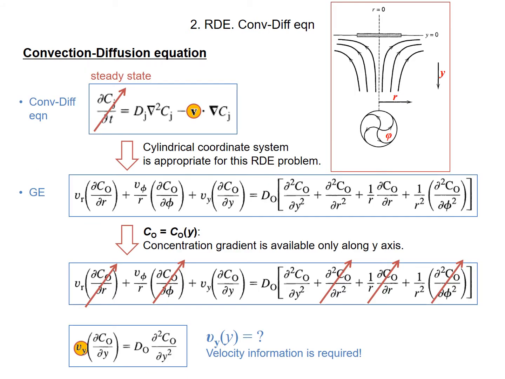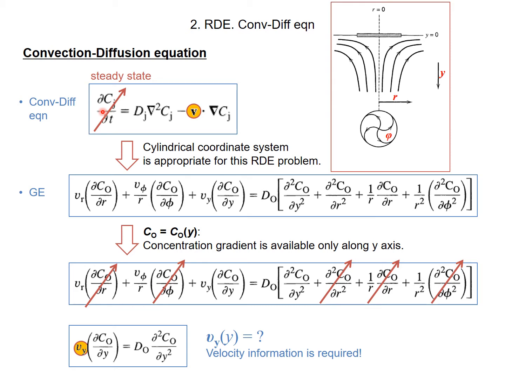Okay, so this equation comes from the previous slide, and then let me specify and simplify this very general version of the governing equation, which is called the convection diffusion equation. I have said we could obtain a benefit by using the hydrodynamic technique: the steady state is quickly obtained.